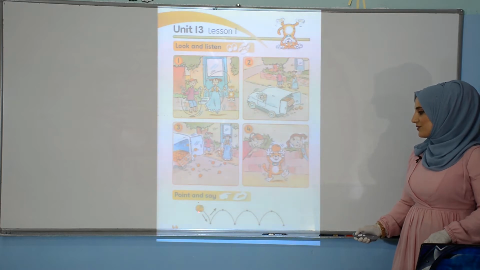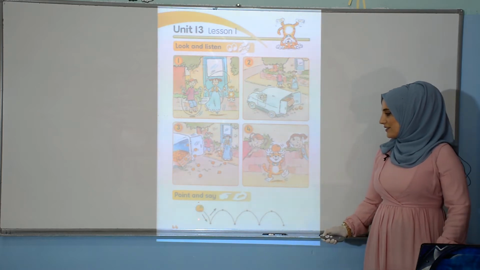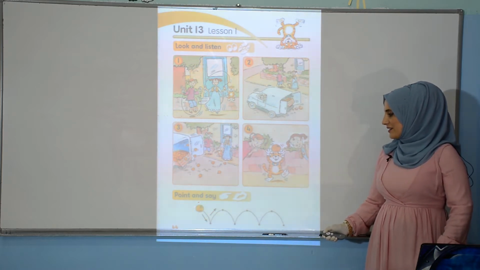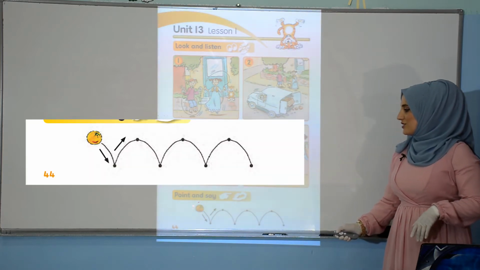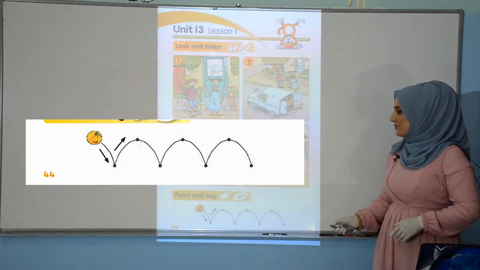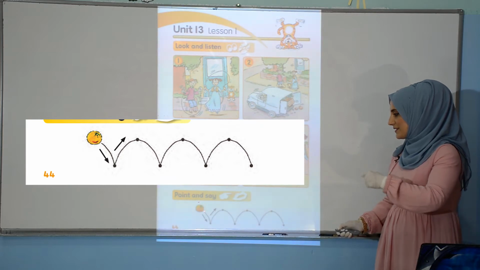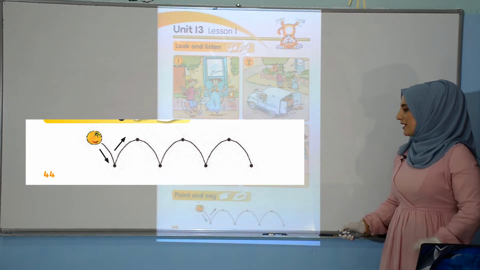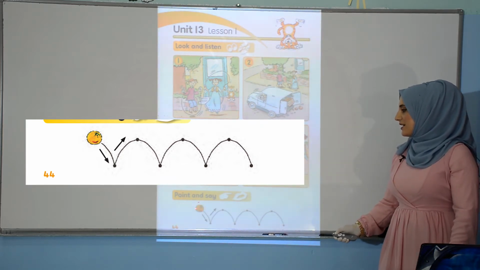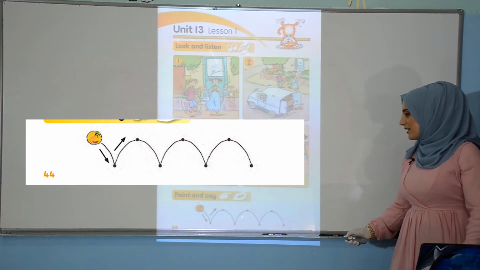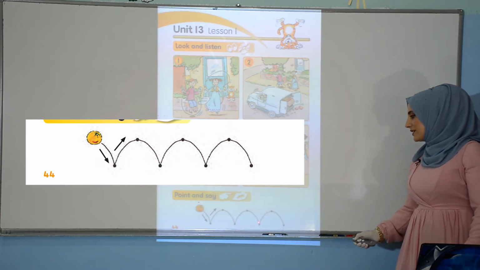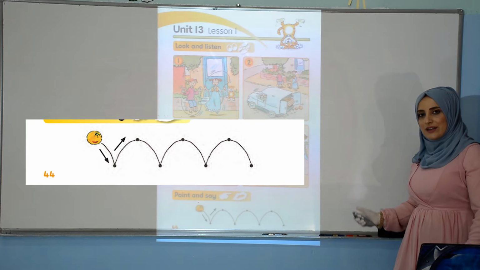You have to point to the oranges, okay? Look at the arrows, okay? It shows us the directions of the orange. Put your finger and say down and up with me, okay? Yes, let's start. Down, up, down, up, down, up, down.